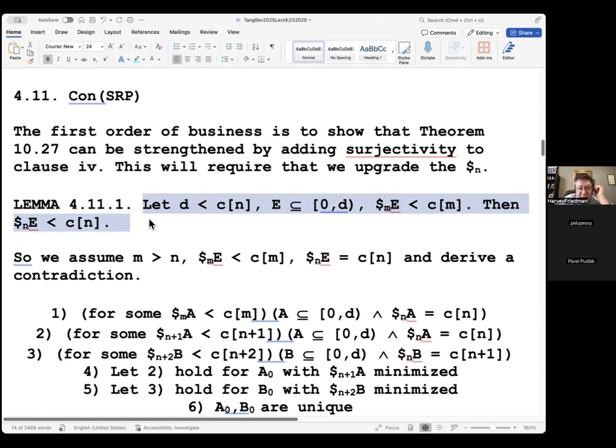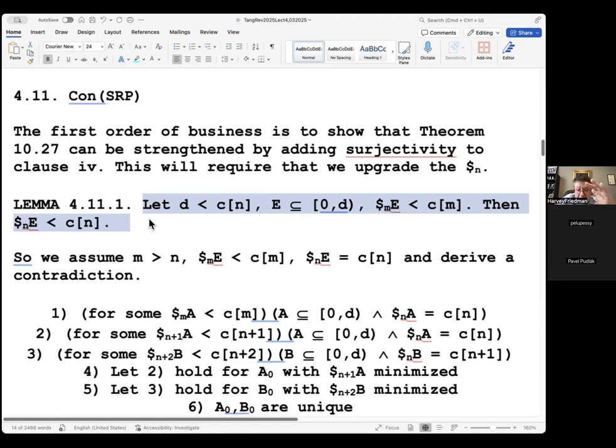So this is a kind of power set. If I have D less than C of n, and I have any subset E of 0 to D, and it's captured sometime, somewhere in some M, these subscripts on these dollar signs are standard integers outside the structure W. If E is indexed somewhere, meaning it's constructible, quote unquote, then it's constructible by level Cn.